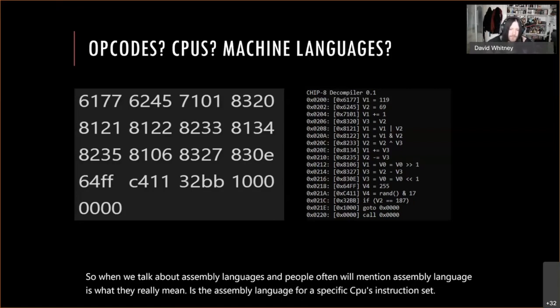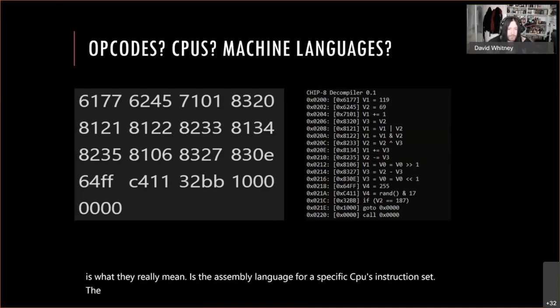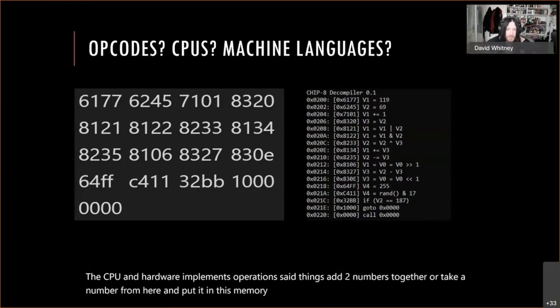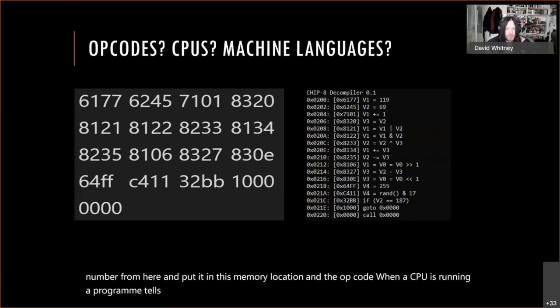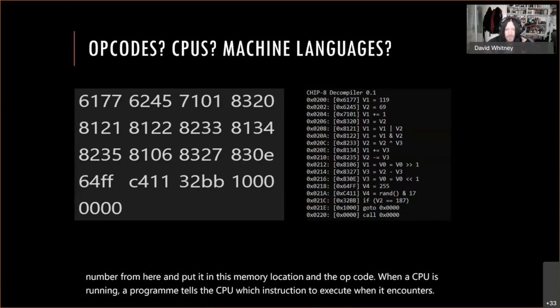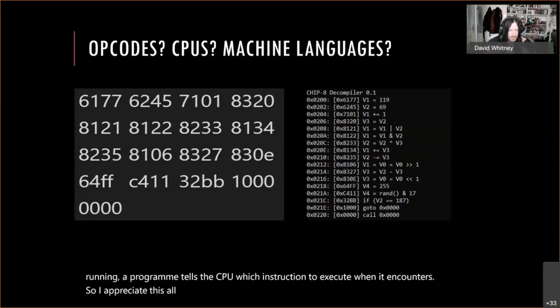Now, the CPU in hardware implements operations, so things like add two numbers together, or take a number from here and put it in this memory location. And the opcode, when a CPU is running a program, tells the CPU which instruction to execute when it encounters it. So I appreciate this all sounds really abstract, so let's look at the example above and see where all those moving parts really are.